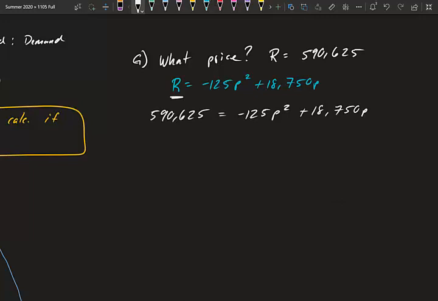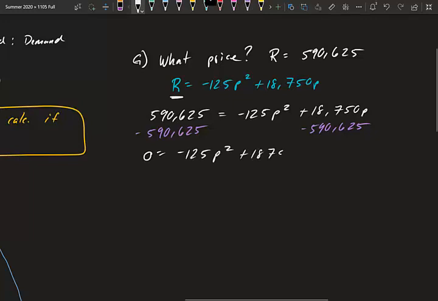Since this is a quadratic, we need to make sure everything equals 0. So we get 0 equals negative 125p squared plus 18,750p minus 590,625.